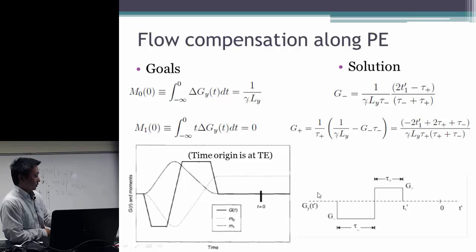And to achieve different phase encoding steps, we can simply do a direct scaling of these two gradients, so that you can achieve different phase encoding steps while keeping the first moment at zero.